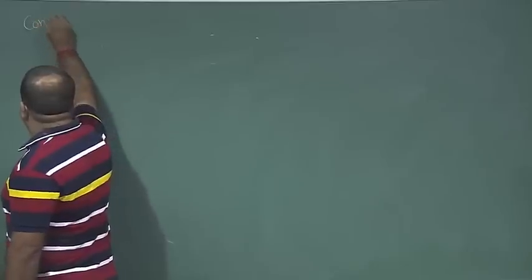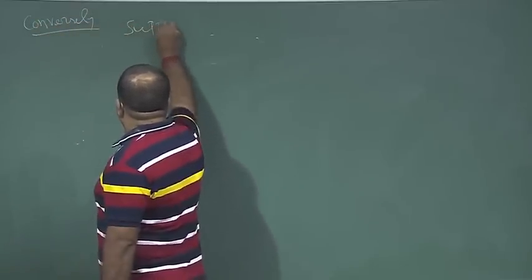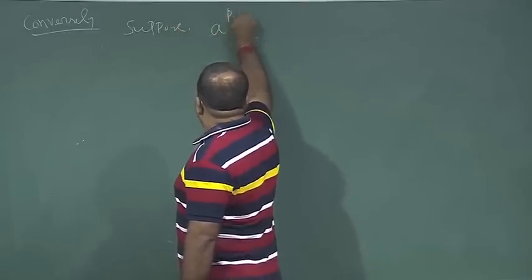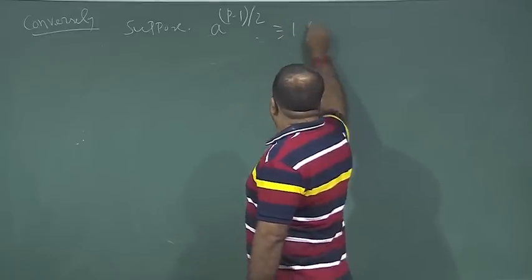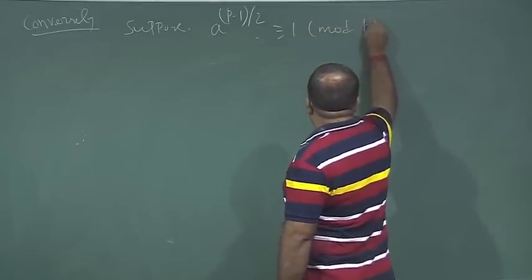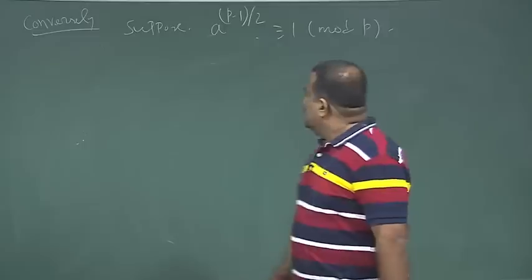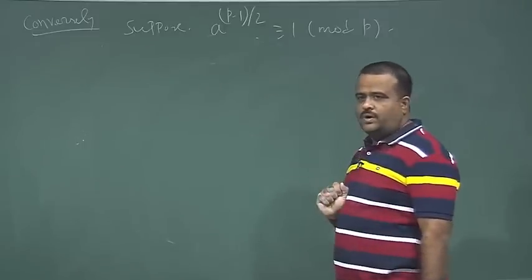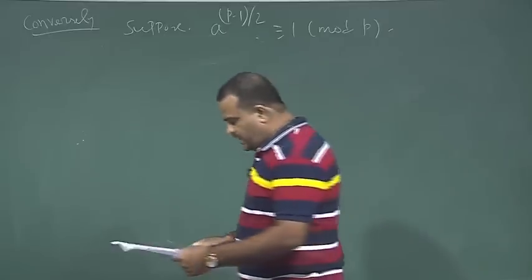So, conversely, suppose a to the power (p minus 1) by 2 is congruent to 1 mod p. Now we have to show that A is a quadratic residue. That means we have to get a y basically. So, how to get a y?